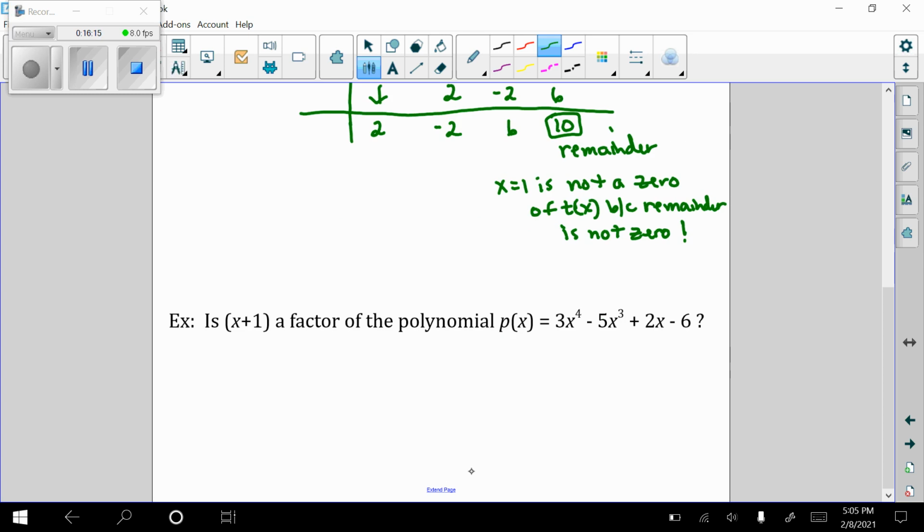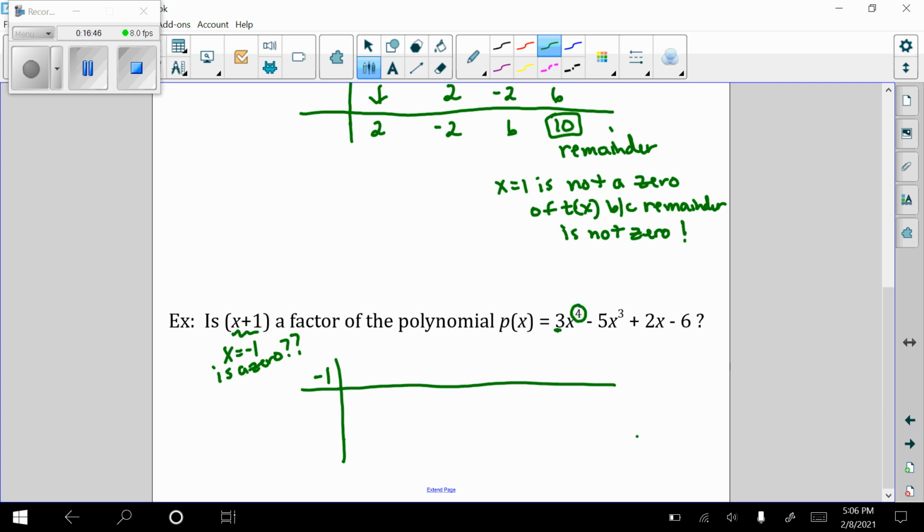All right, so in this one, now I'm determining if x plus 1 is a factor. If x plus 1 is a factor, then x equals -1 is a 0. So that's the value you divide by. -1 outside. My degree is 4, so I should have 5 numbers that I'm writing down.